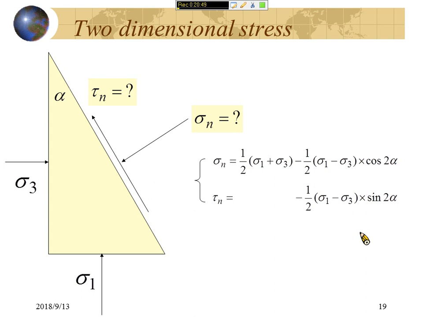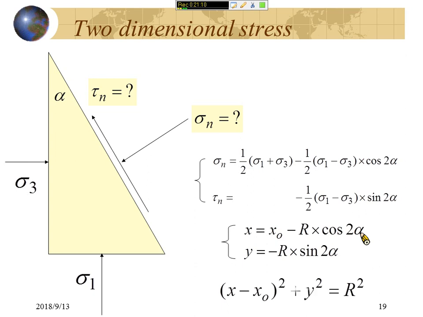these two equations can be combined together to become an equation for a circle. Like this, right? And move the x0 to the left-hand side. You can write a new equation like this.